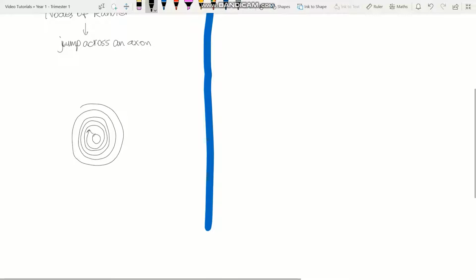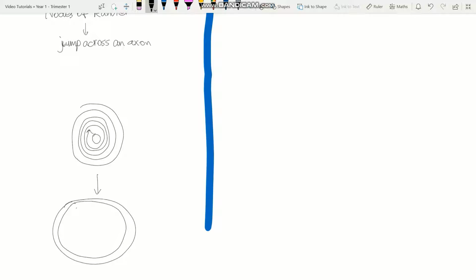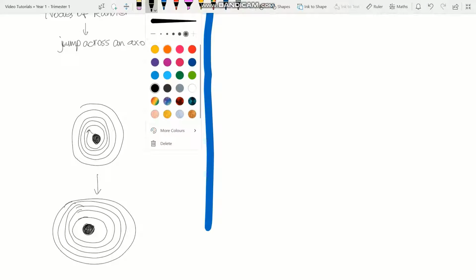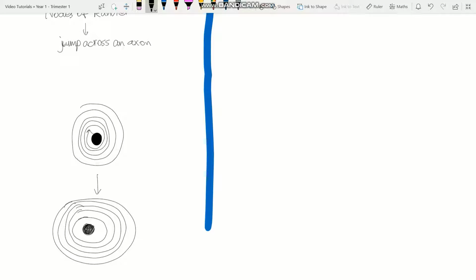This wrapping around nature essentially means that the Schwann cell forms a multi-layered protective layer that is 90% lipid and 10% protein. So if we denote the axon in black, the Schwann cell will be the repeated structure that surrounds it.